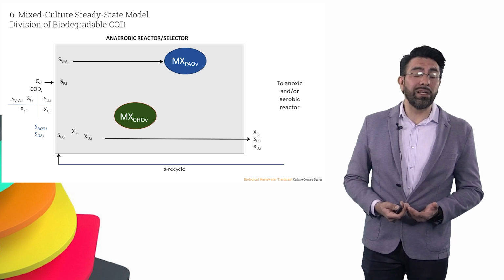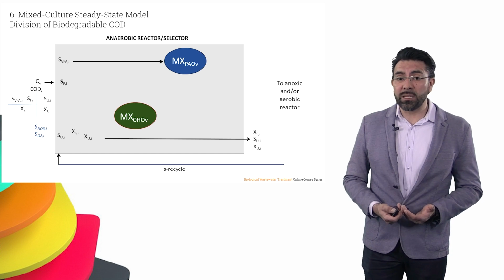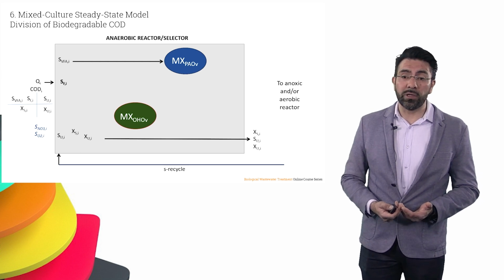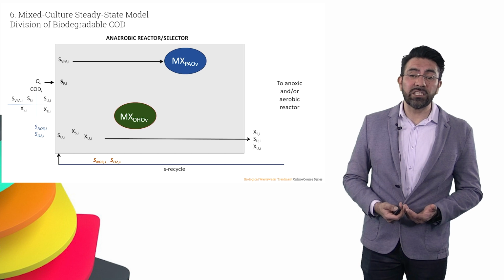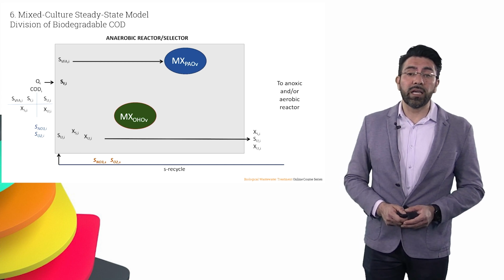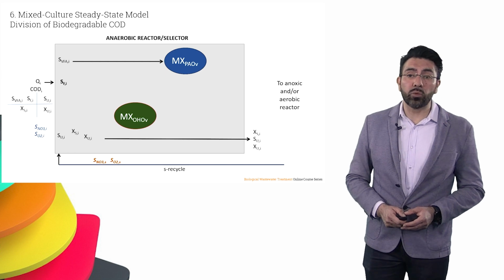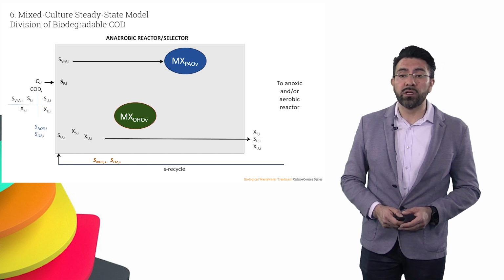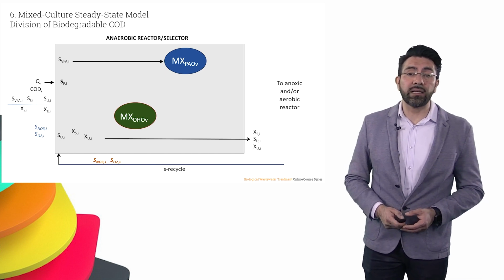But these are not the only two potential electron acceptors that may get intruded in the anaerobic reactor. We may also have nitrate and oxygen present in the sludge recycle flow, because after an anaerobic reactor, depending on the configuration, we have a different series of tanks and reactors.